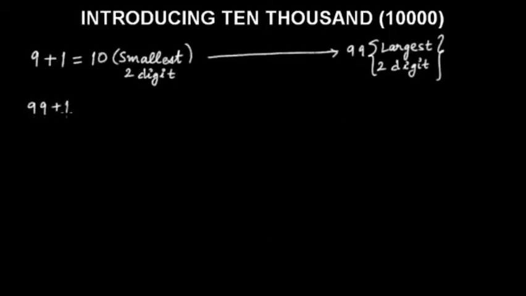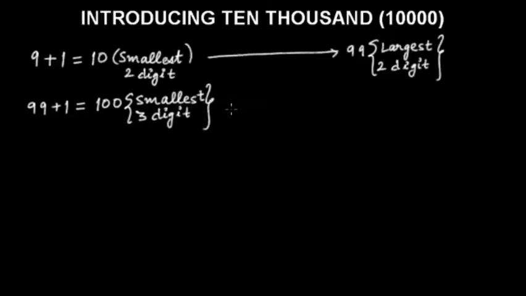That is, if I add 1 to the largest 2-digit number, then I'll get 100. It's clear, okay? And this 100 is the smallest 3-digit number.